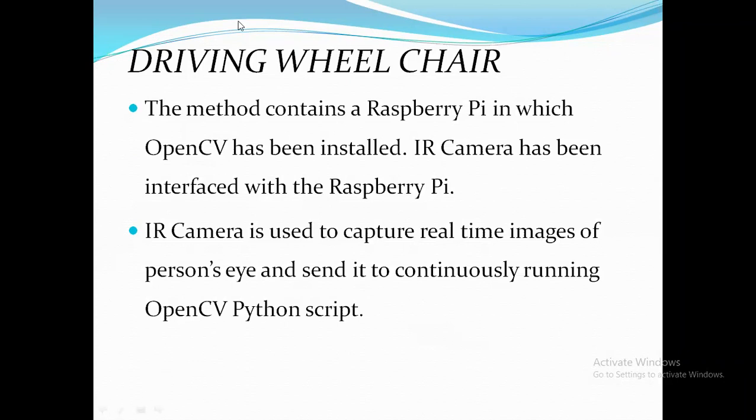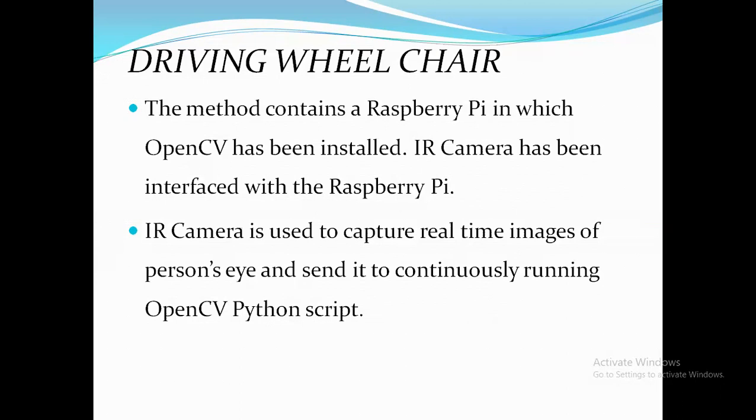So what is driving wheelchair? We all know that the driving wheelchair method consists of a basic wheelchair. As we already discussed, the wheelchair will be attached with the camera. Here, the main difference of the project compared with the others is that we are using Raspberry Pi. What is Raspberry Pi?